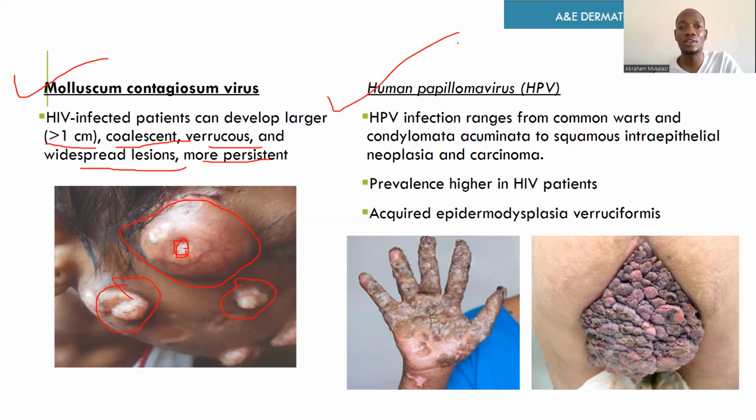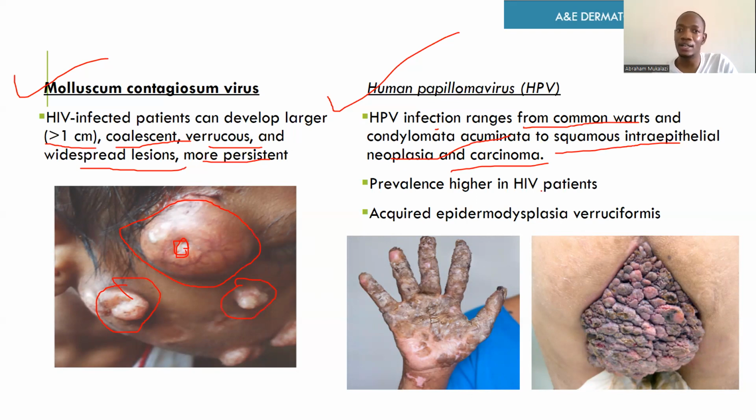So the next condition is what we call human papillomavirus. This one also occurs in normal individuals, but when it comes to HIV, it can cause a mess. The person can present with the common warts that we've seen before, giant condyloma acuminata. Sometimes they progress into squamous intraepithelial neoplasia and even carcinomas.